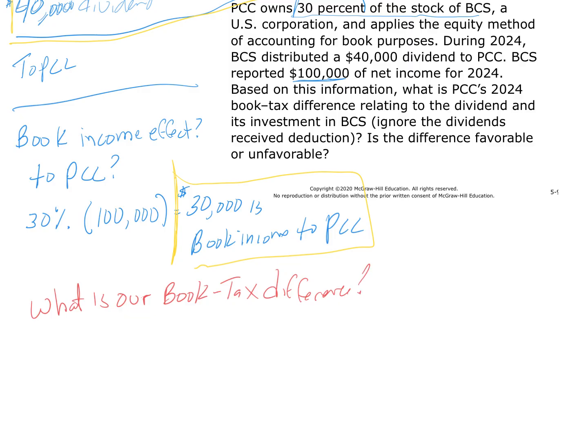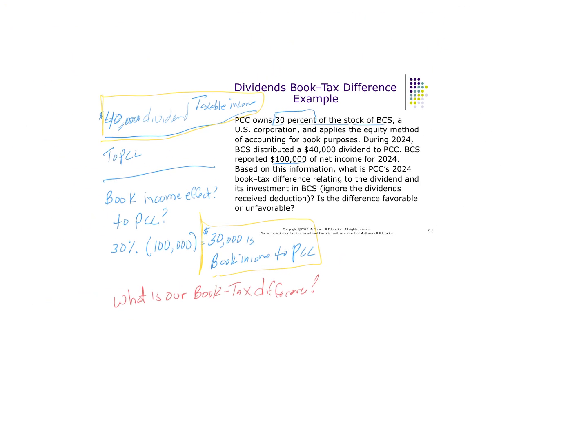It's the difference between taxable income and book income, so our book tax difference is $10,000. Is it favorable or unfavorable? Our taxable income is larger than our book income, so it's unfavorable.